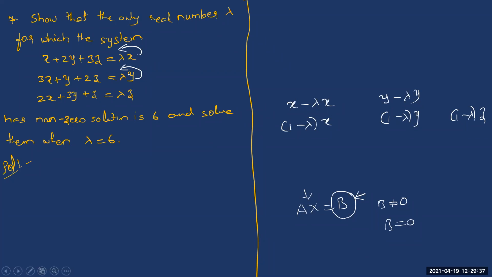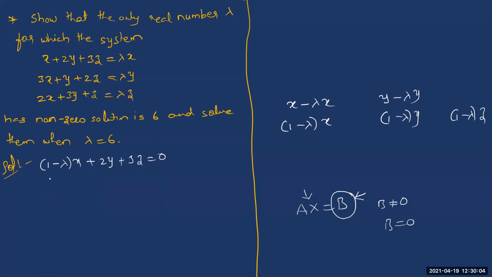And let us see what happens when you rewrite this. You can then see whether it is homogeneous or non-homogeneous. See what I'm trying to do, I'm rewriting it like this. First equation, when you send lambda x to the other side, we can write it as 1 minus lambda into x plus 2y plus 3z is equal to 0. I've sent lambda x to the other side, therefore I get a constant which is 0.